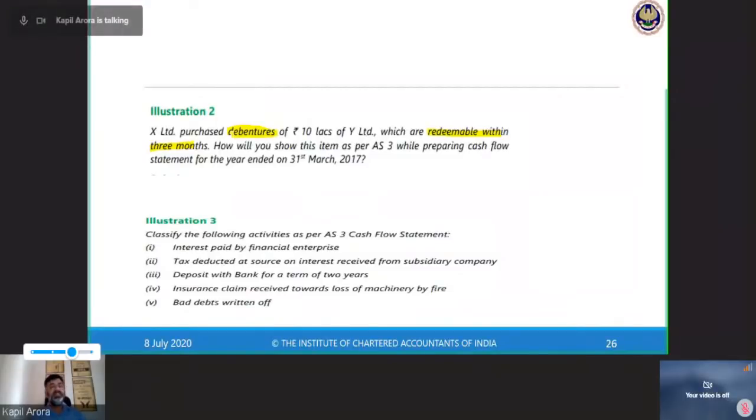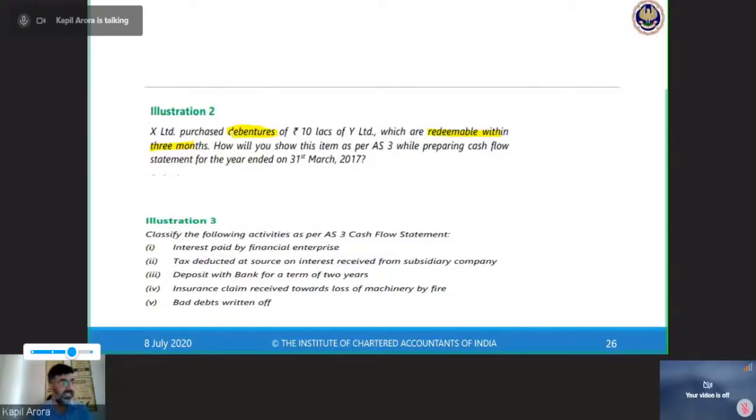What would be the case here? Will it be operating, financing, investing, or any other item?